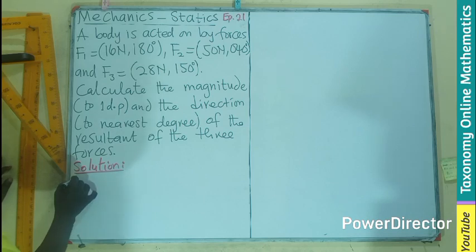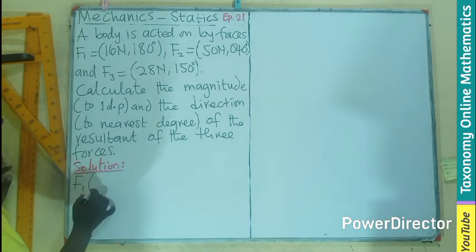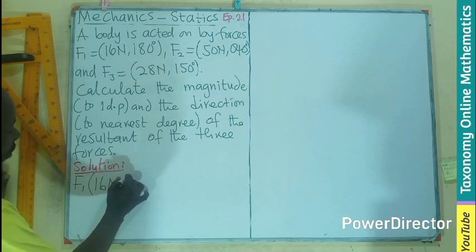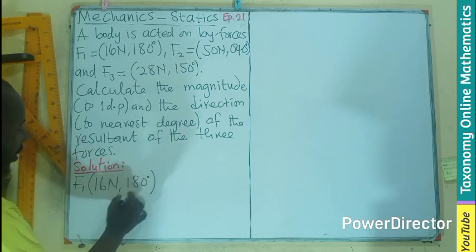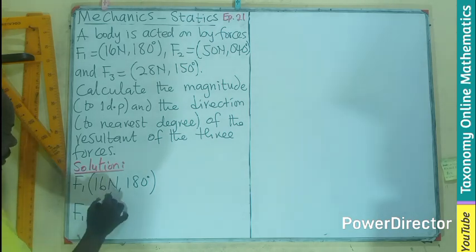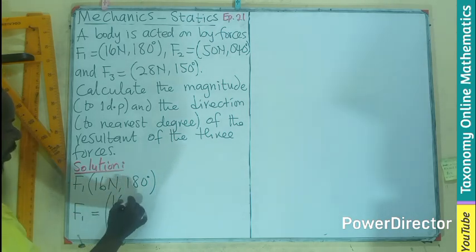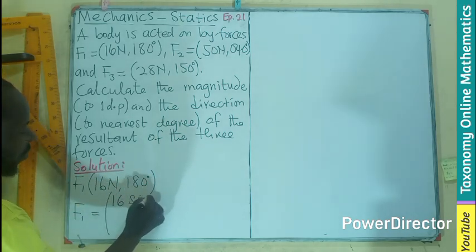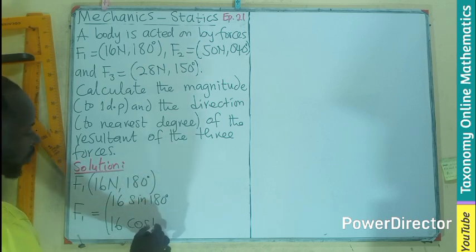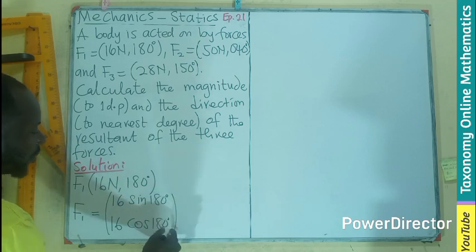If I look at the first force, which has a magnitude of 16 Newton and a direction of 180 degrees, in order to resolve this force into component form, I pick the magnitude 16 times the sine of the angle 180, and magnitude 16 times the cos of the angle 180 degrees.